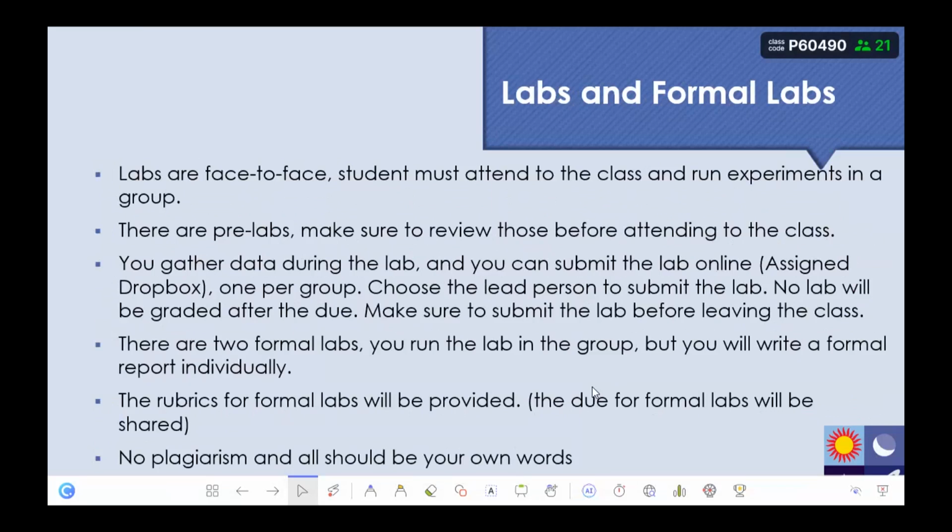So labs. We will start our first lab today. We run the lab in a group.